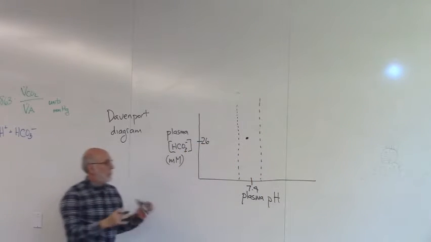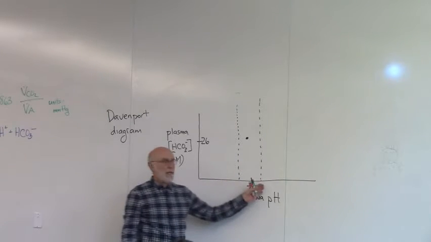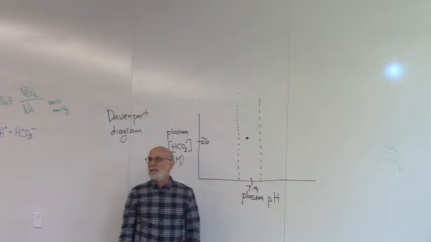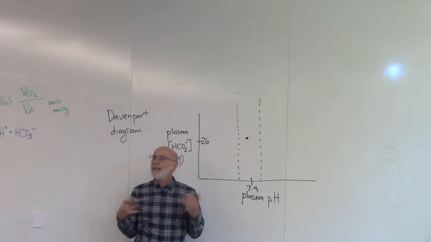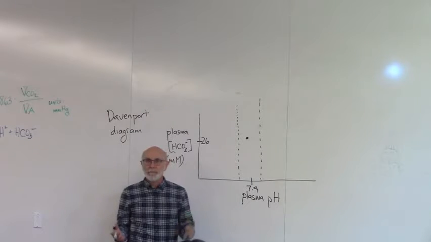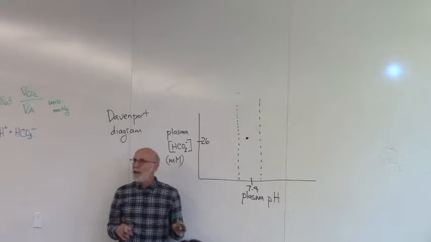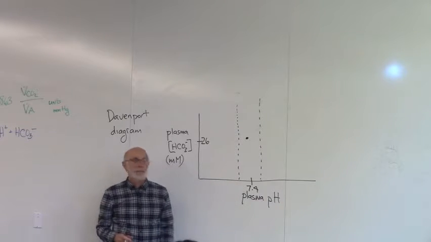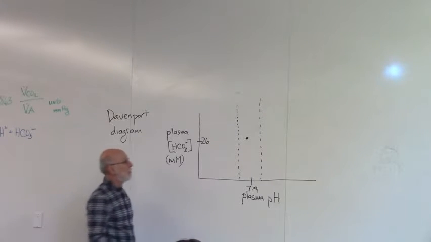I'm sort of arbitrarily drawing a normal range, from something like 7.3 to 7.5. If we go outside that range, things start to fall apart pretty fast. By fall apart, I mean the enzymes that we need to survive don't function well. They have evolved to function at pH 7.4 plus or minus a fraction of a pH unit. So that's a representation of the normal range.